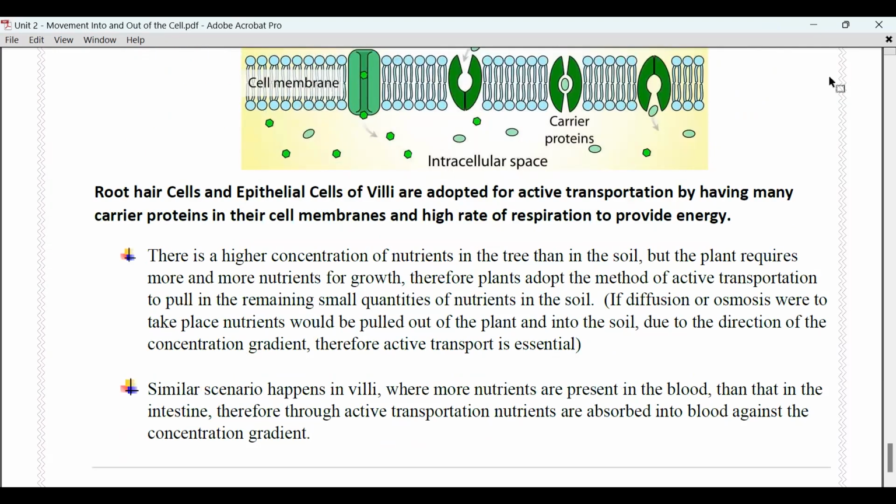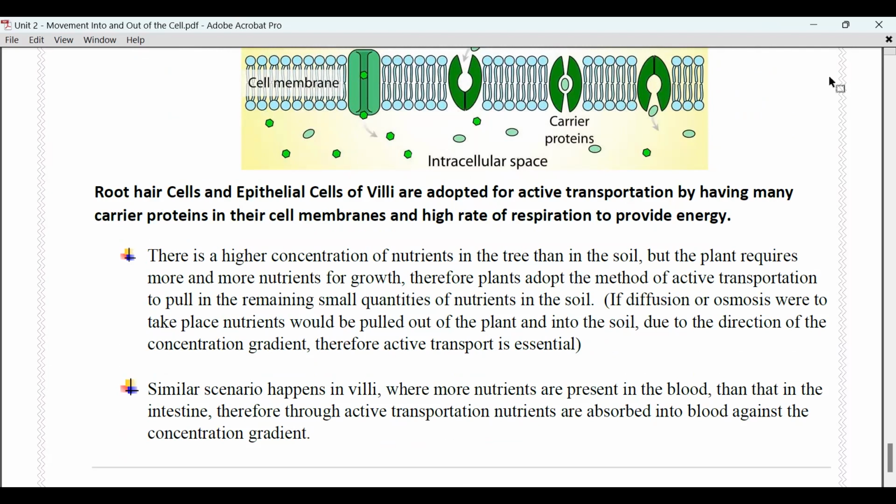When it comes to plants and root hair cells, there is a higher concentration of nutrients in the root than in the soil, but the plant requires more and more nutrients for growth. Therefore, the plant adopts active transport to pull in the small quantities of nutrients available in the soil.